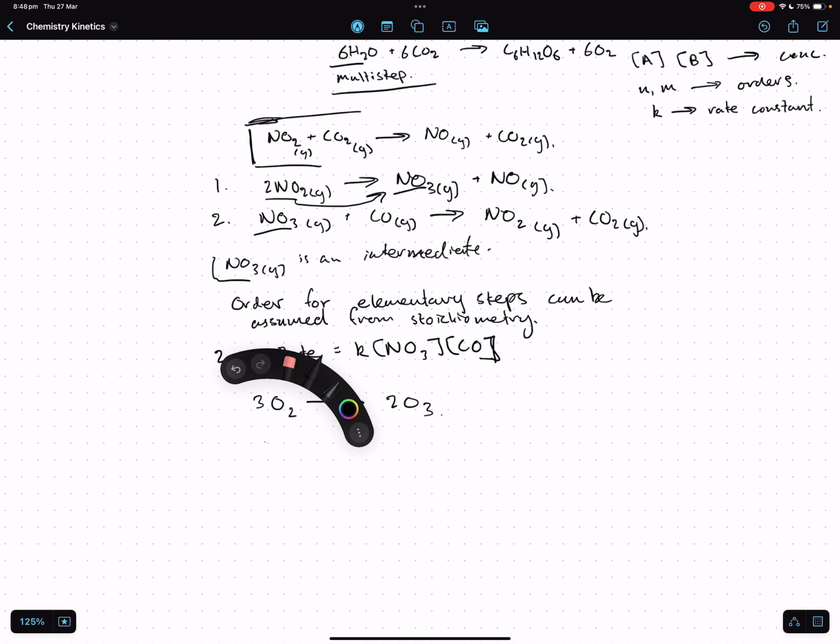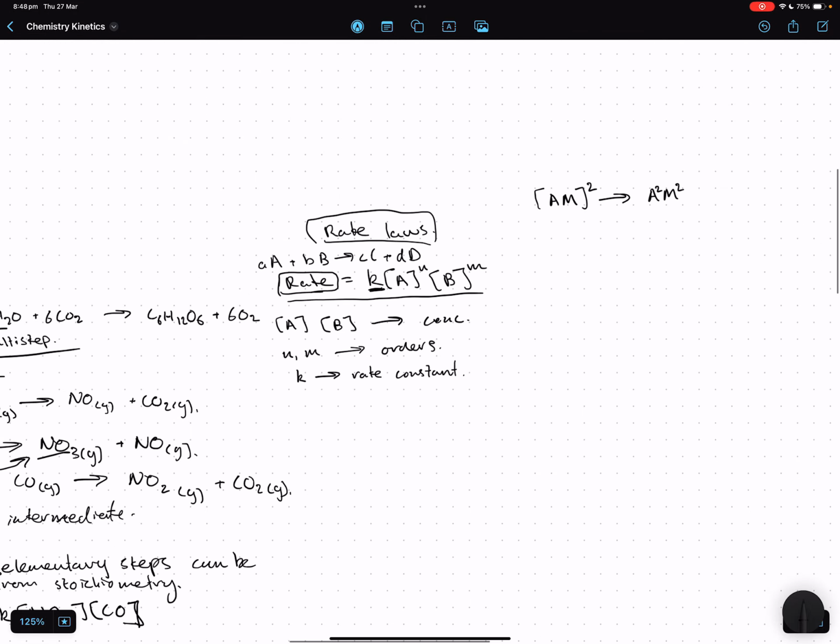So the rate of that is equal to a new k, just a random k, and then O2 to the third power. So that's how the stoichiometry affects it, right? You can assume the order is to the third power. So it's a third order equation.